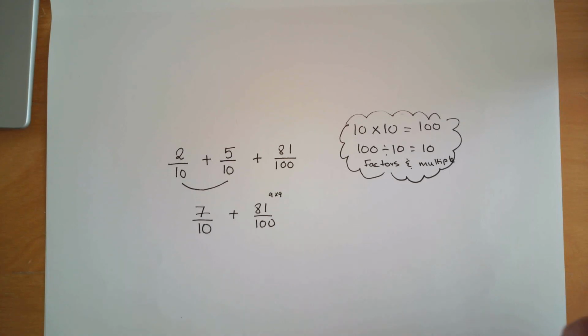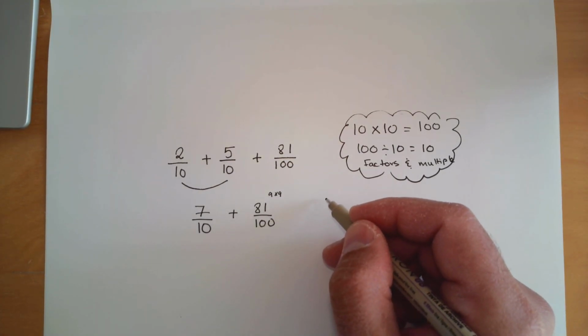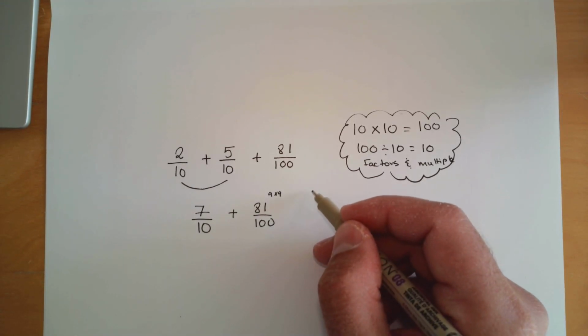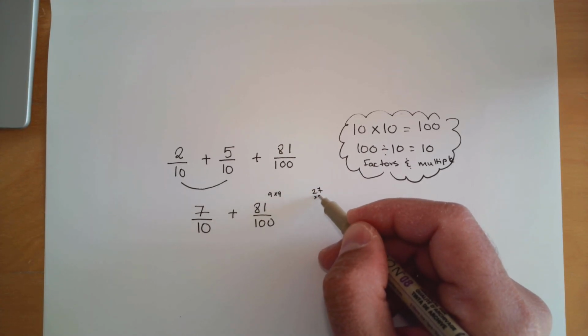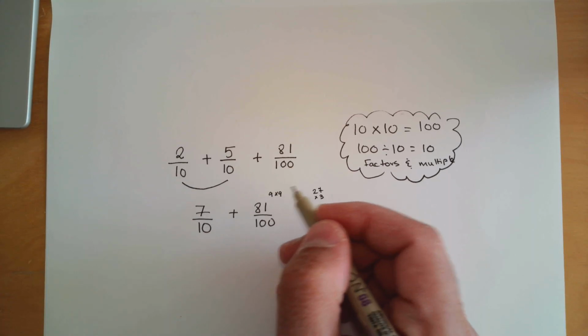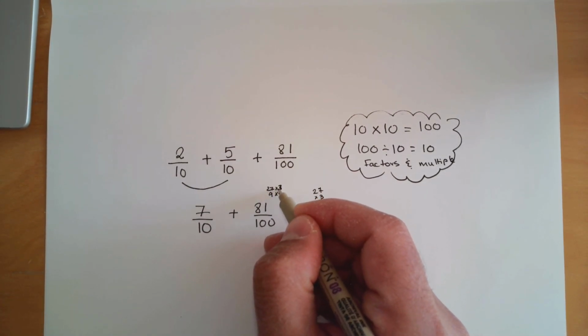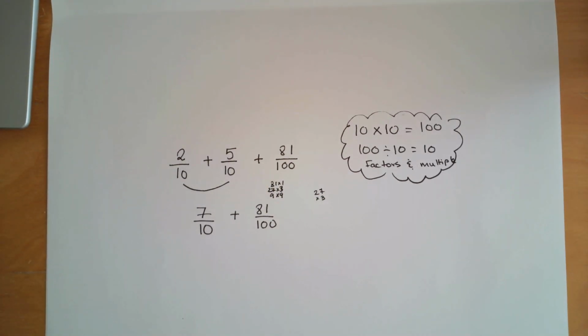Maybe I'm thinking 3 times 27, sorry. Anyway, there's no common factor between 81 and 10. So I can't simplify it. I can't make it simple.